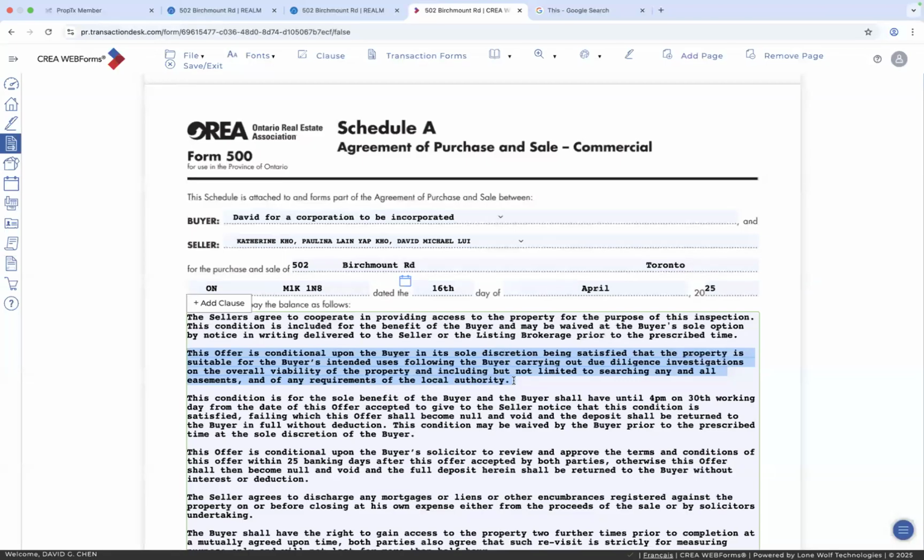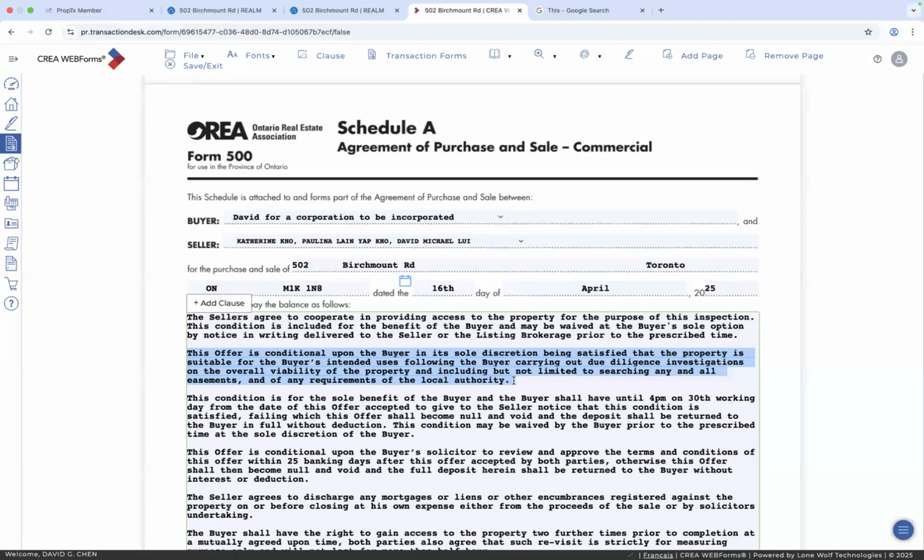So including lawyer review, mortgage financing, inspection, and architect, everything you put in one condition. So in this way, we will make your offer clean. Not too many pages, maybe only 5, 6 pages. So in that way, you can make it easy for you to work on that.